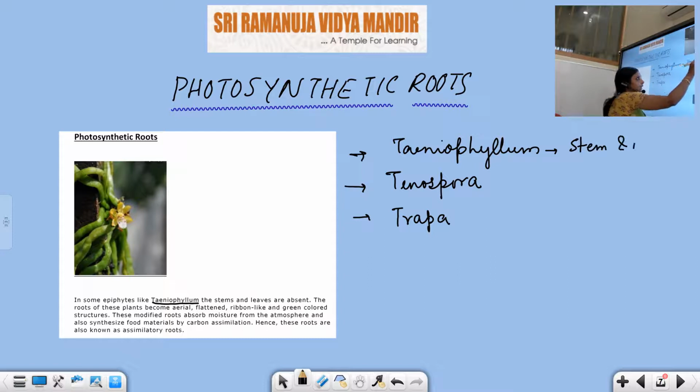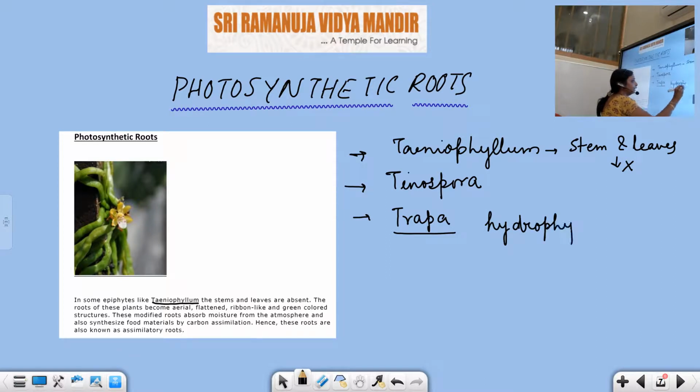So I cross it here. And Tinospora and Trapa: Trapa is a hydrophyte. If it is asked in NEET which hydrophyte has photosynthetic root, you can tick Trapa.